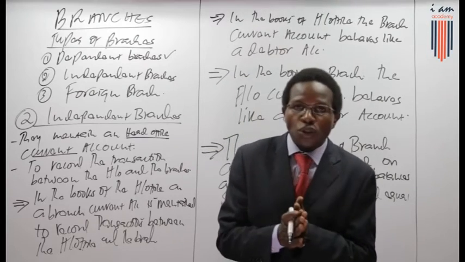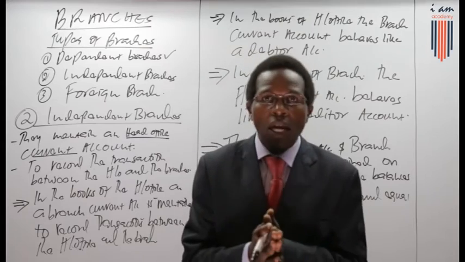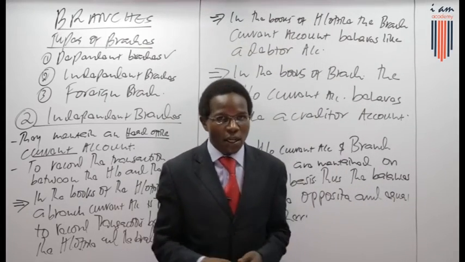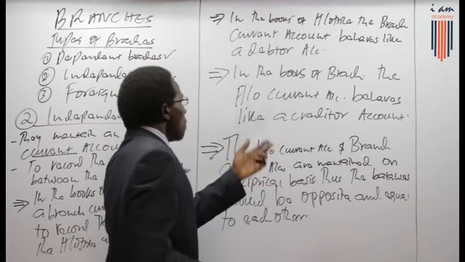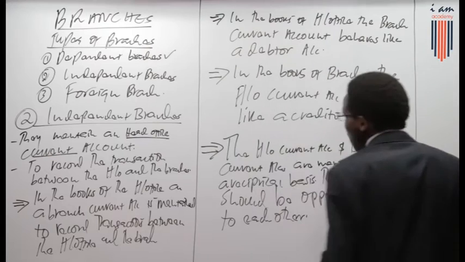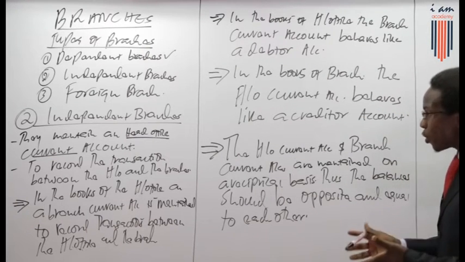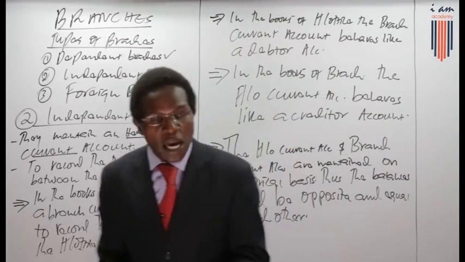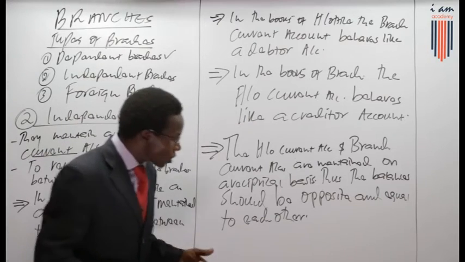While in the books of the head office, we maintain a branch current account, which behaves like a debit account. Now, you need to remember that there are some accounting entries we should recognize in the books of the head office and in the books of the branch. Now let's look at that.